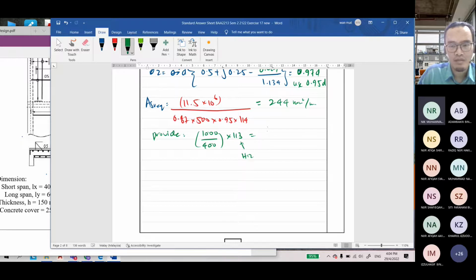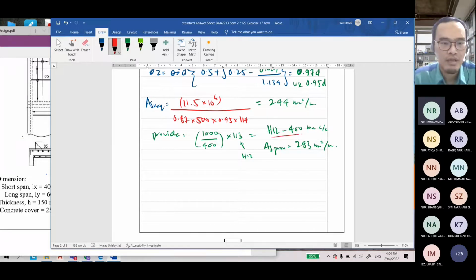This is H12-400. As provided is equal to 283 mm square per meter. This is mm center to center. This is one answer. This is the answer for MSy.